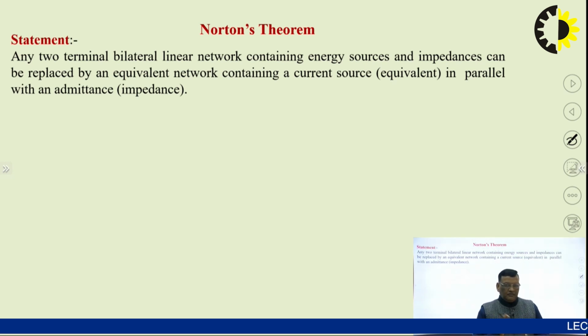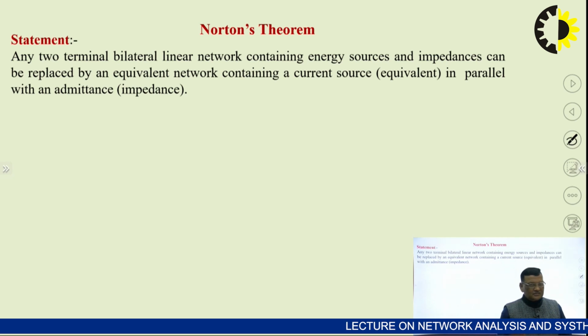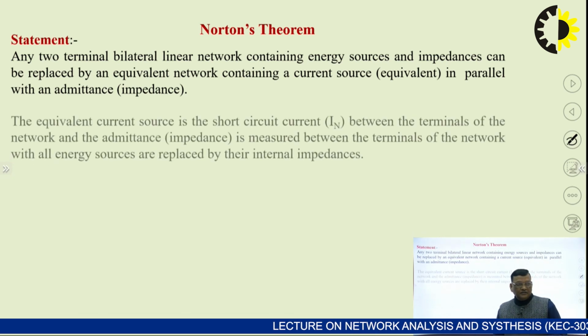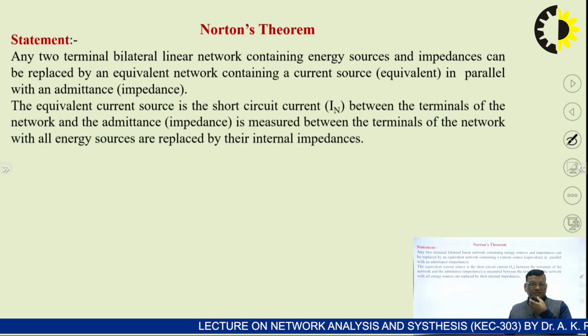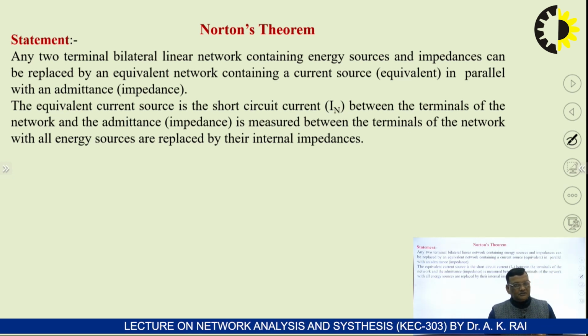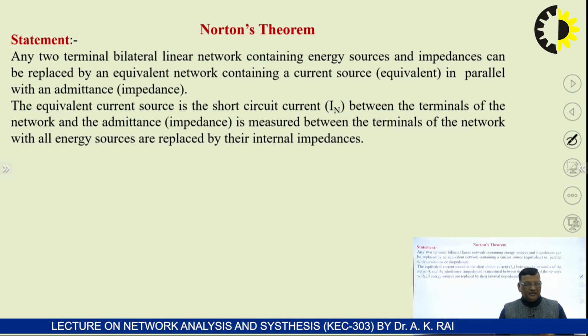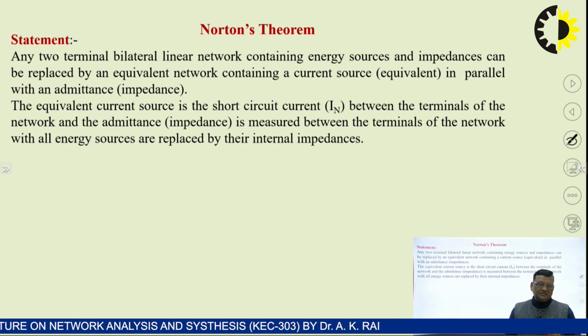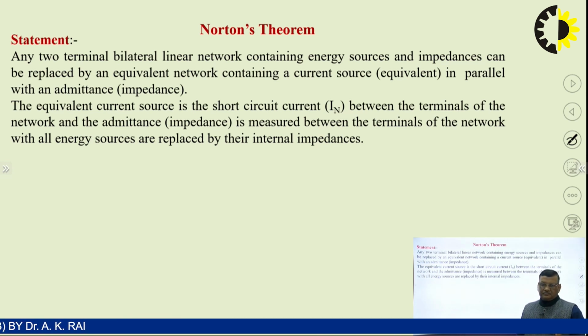The dual of the voltage source is the current source and the dual of parallel is series. The equivalent current source is the short circuit current between the terminals of the network, and the impedance or admittance is measured between the terminals of the network with all energy sources replaced by their internal impedances.